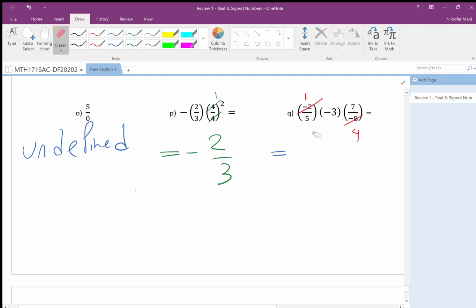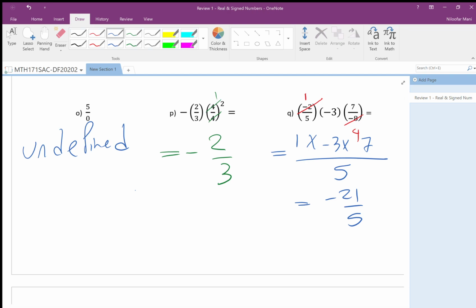Those minuses cancel, so I don't need 1. Multiply minus 3 times 7 divided by 5, which is minus 21 over 5, if I'm right. Yes, because I have 3 negatives, an odd number of negatives, so the answer is minus, and nothing else I can cancel.